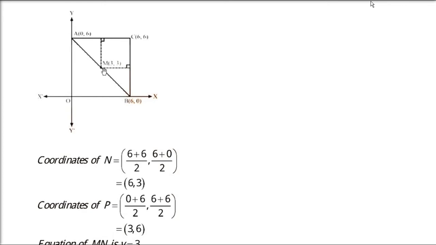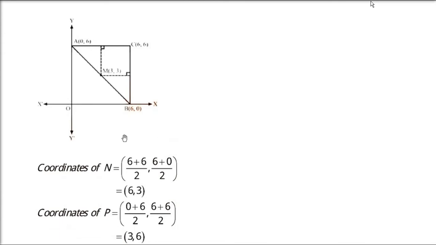So what we'll do? Let me tell you, the circumcenter is the center of the triangle's circumcircle. So if we take the perpendicular bisector of the three sides and just join them. So what is the perpendicular bisector here?